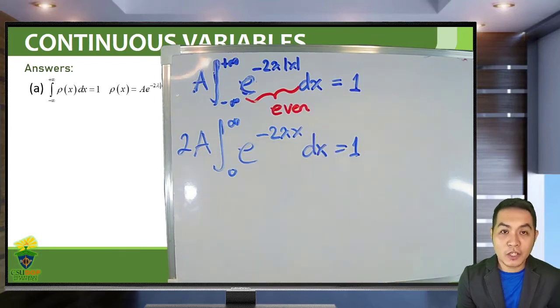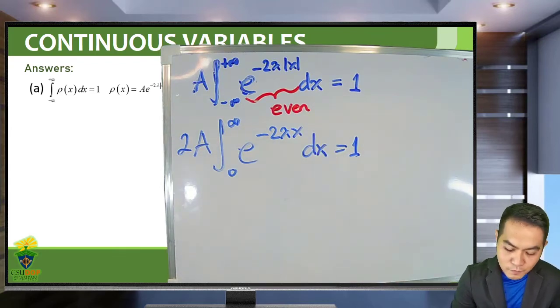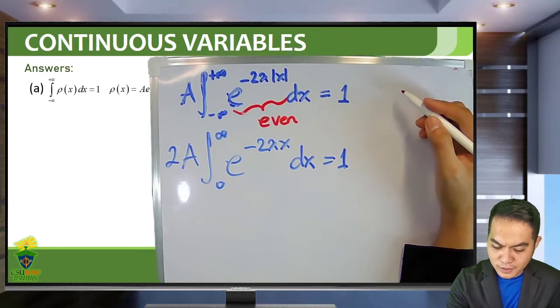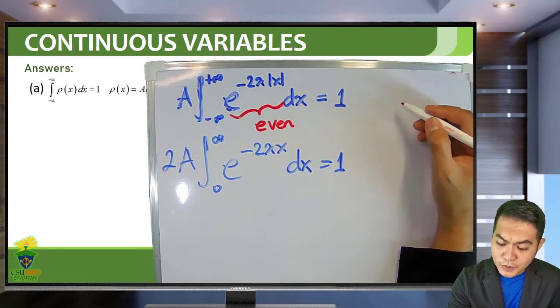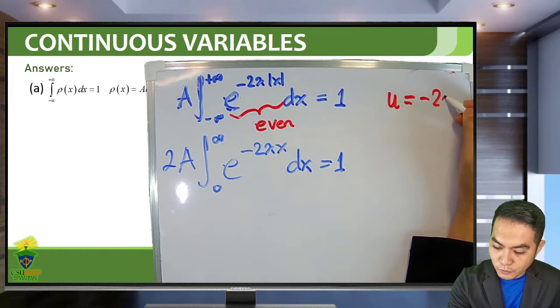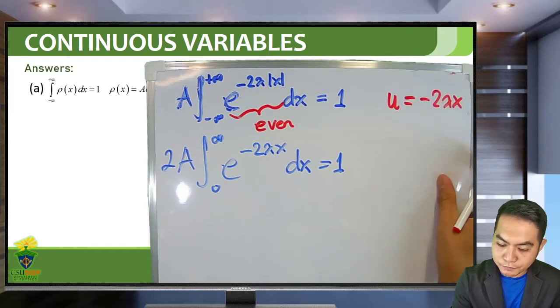So no need to put the absolute value sign. Okay, so let's change variable. This is just a simple exponential function, so we let u equal negative 2 lambda x.